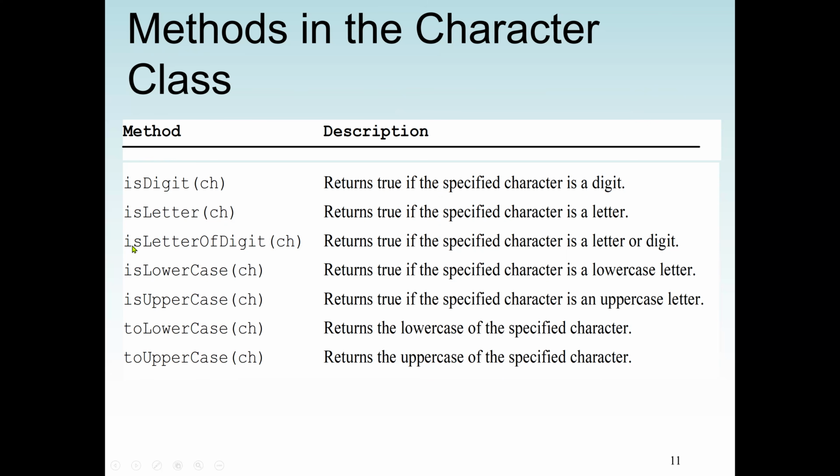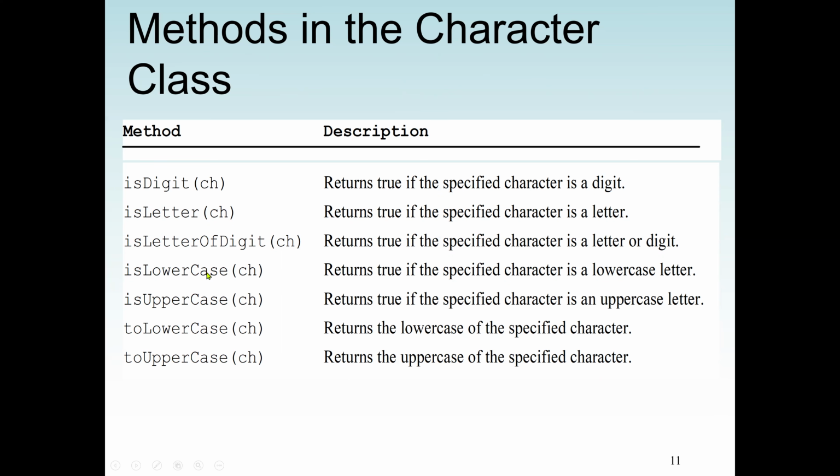We also have isLetterOrDigit. The isLetterOrDigit method takes one argument, the content of the character variable. This also will return true if the specified character is either a digit or a letter.